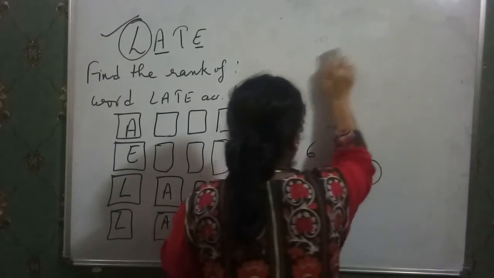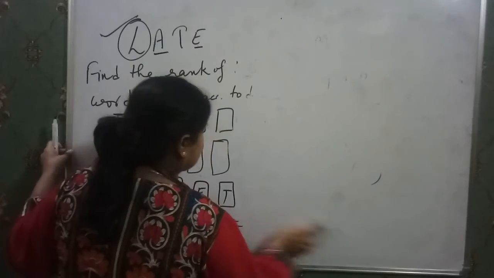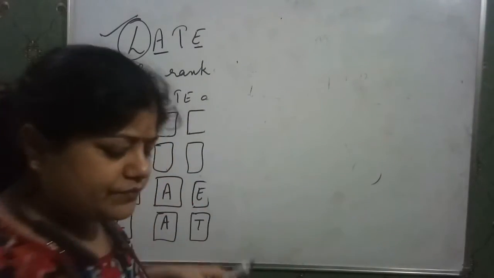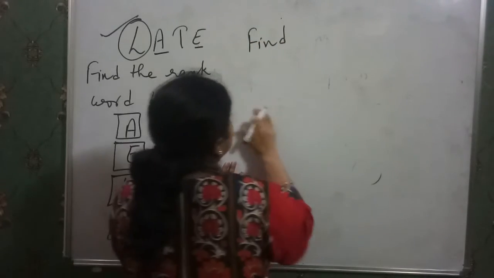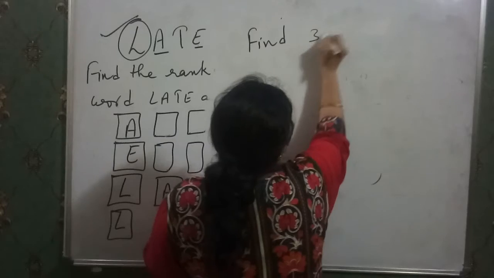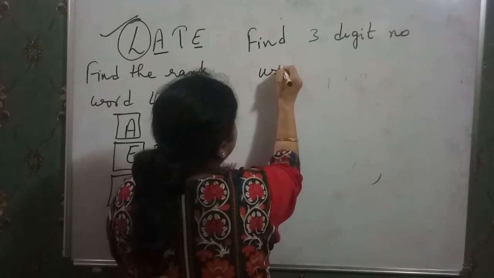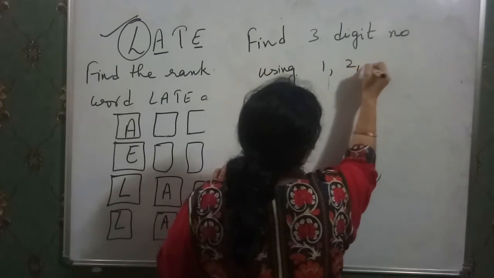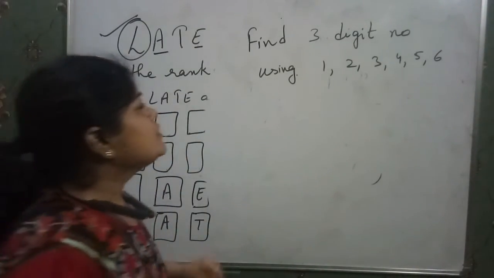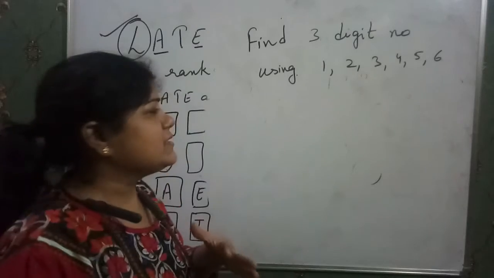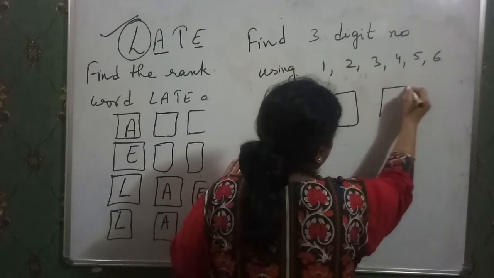For example, in permutations we have one type of question frequently there, that is, a three-digit number using 1, 2, 3, 4, 5 and 6, having distinct digits. So in this case we have to fill a 3-digit number.